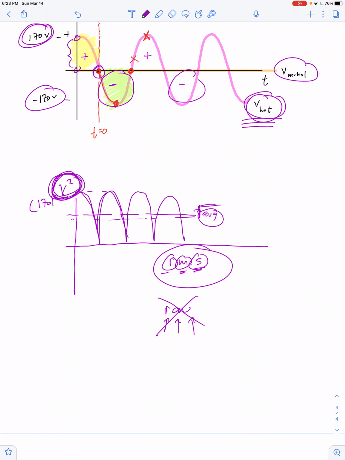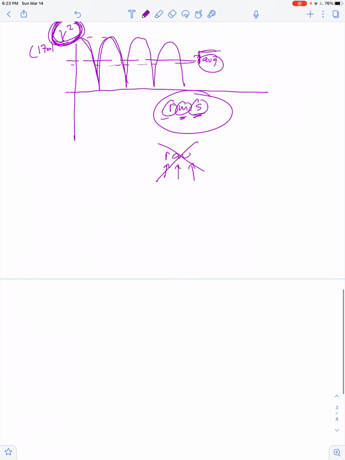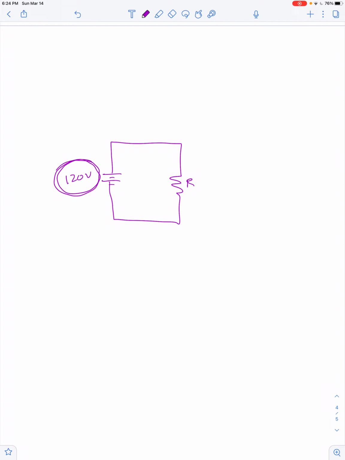Anyway, for now, we're going to get into some examples of household electricity, and forgive me if I draw a circuit like this and say, here's a light bulb powered off household electricity, and there's 120 volts, and there's my resistance. What I'm doing is treating the outlet as acting the same as a source of DC with the root mean squared value of 120 volts. If I'm really paying attention, I'll be careful and draw in the correct symbol for a source of potential difference that drives an alternating current.